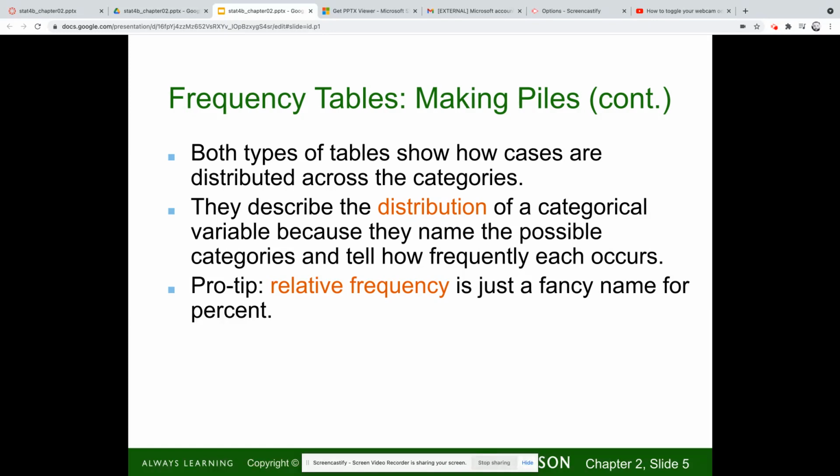They describe the distribution of the categorical variable because they name the possible categories and tell how frequently each occurs. So relative, it relates to the whole. So it's shown as a percentage, right? A relative frequency is just a fancy name for percent. But the reason they use the word relative is that the percentage is relative to the whole.